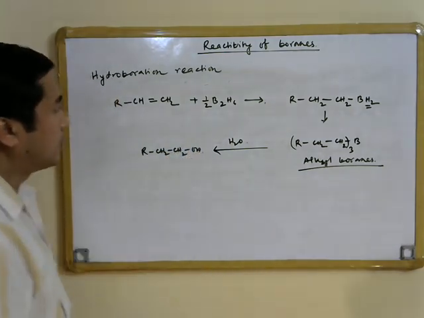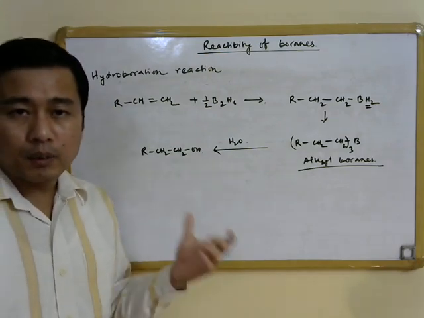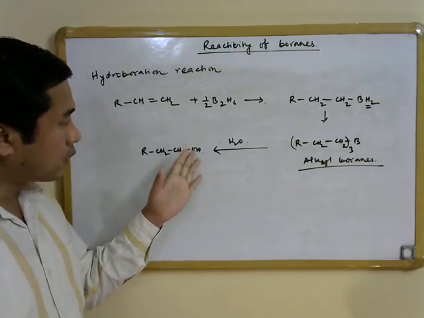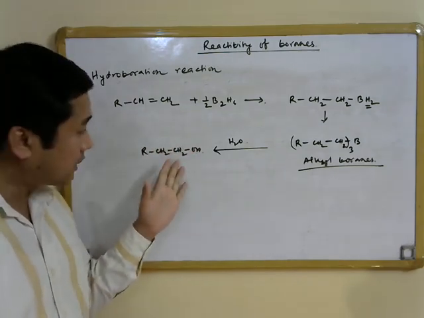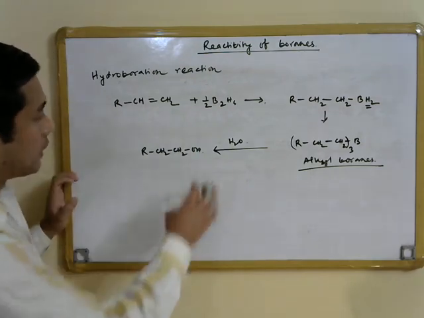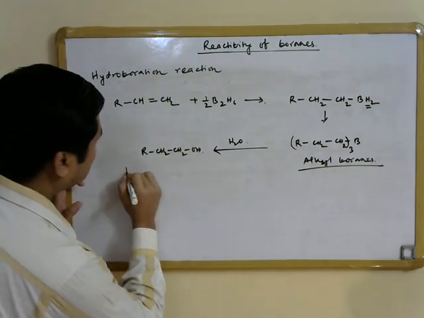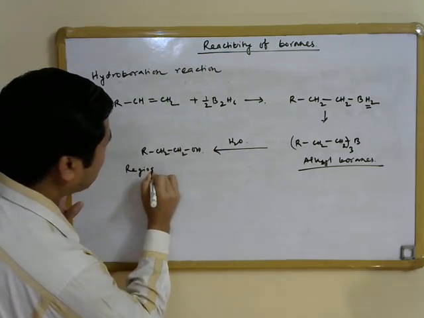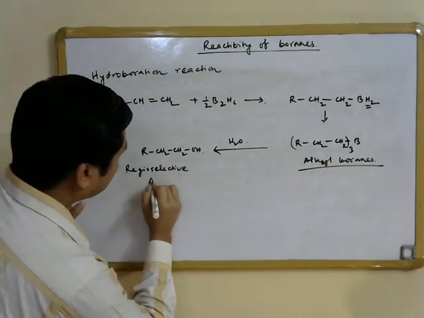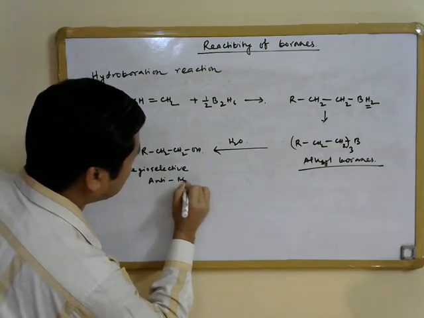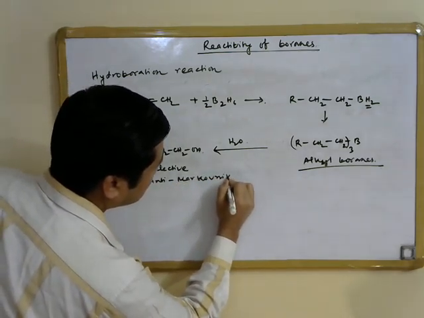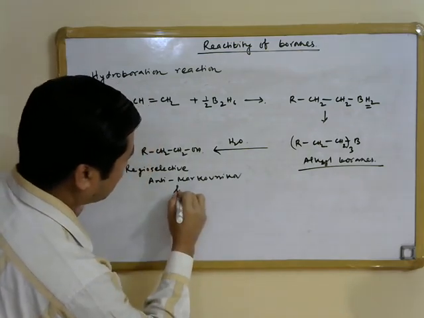So what we have seen here is that unlike Markovnikov addition reactions, here the OH group essentially gets attached to the less substituted carbon atom in the olefin. That is why this hydroboration reaction is regioselective in nature, and it proceeds in an anti-Markovnikov fashion.